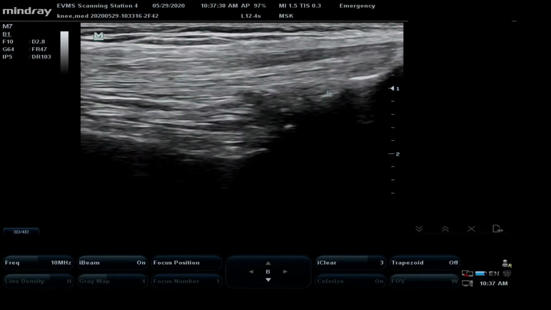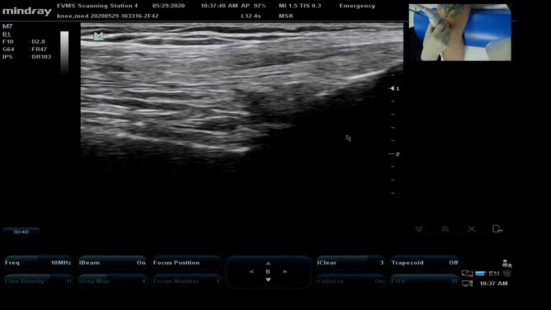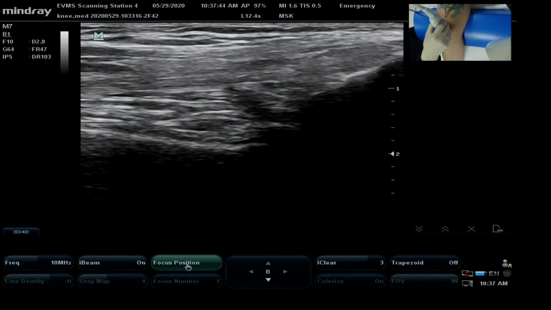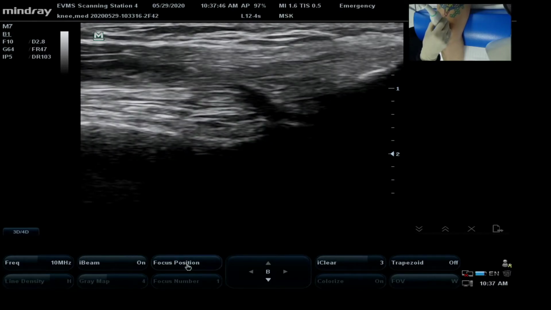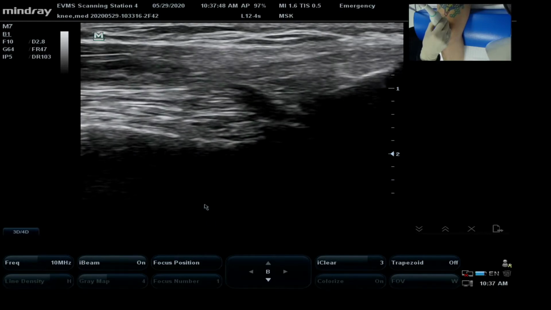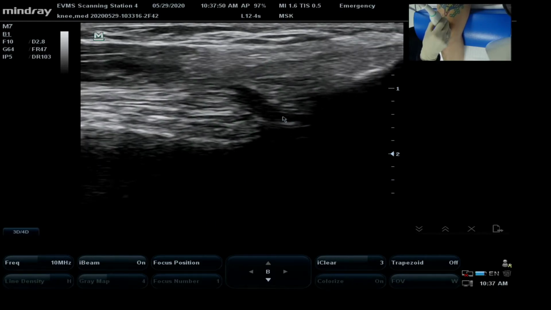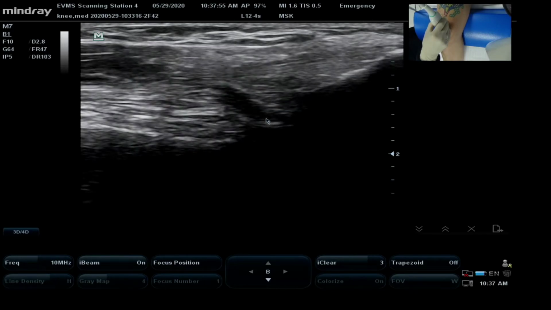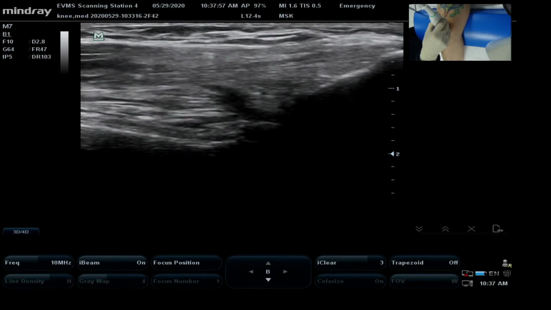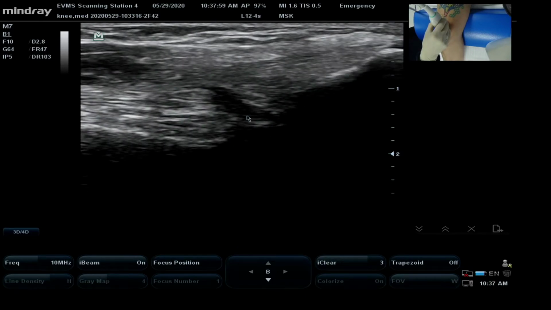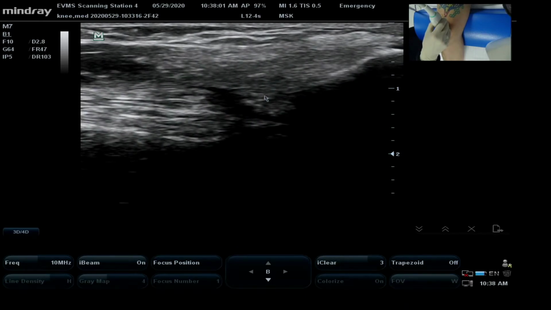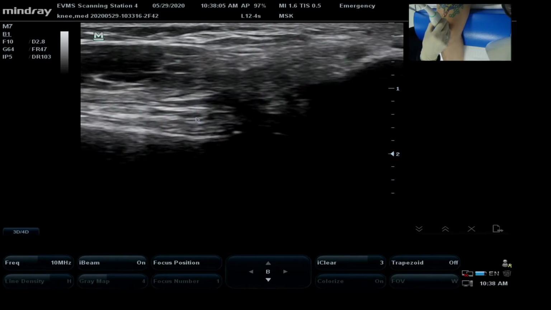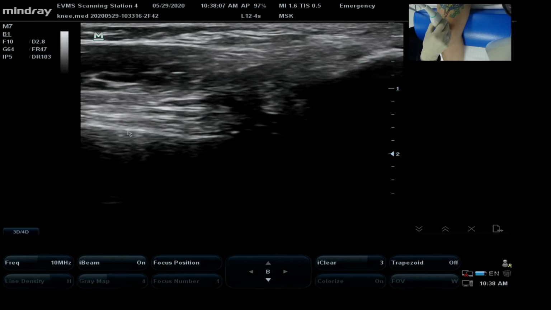I also want to point out, and I'm going to bring my focal zone down, that in this patient you'll see a little bit of fluid right here, and this fluid is supposed to be there. It's a bursa, and it's separating. This is the suprapatellar bursa, separating the suprapatellar fat pad from the prefemoral fat pad. This is the cortex of the femur.